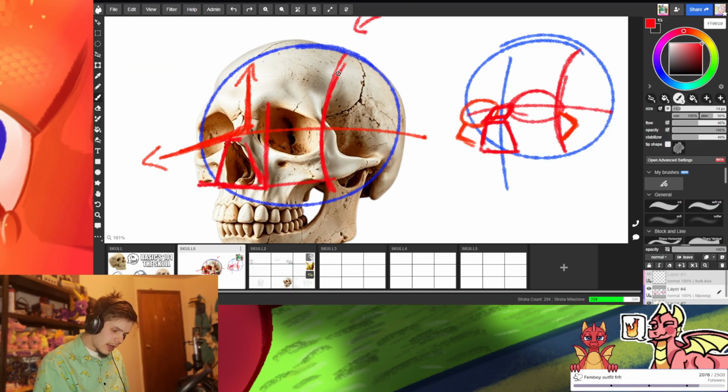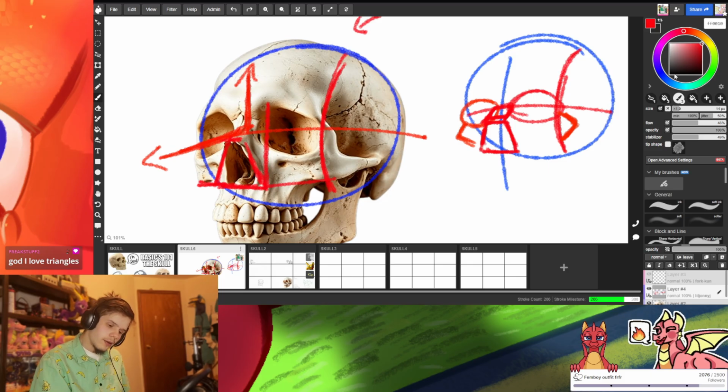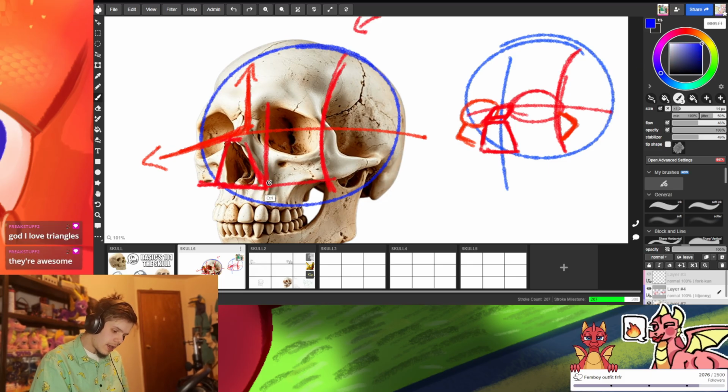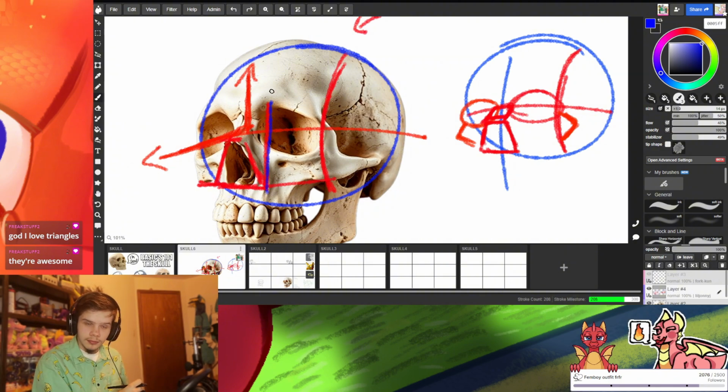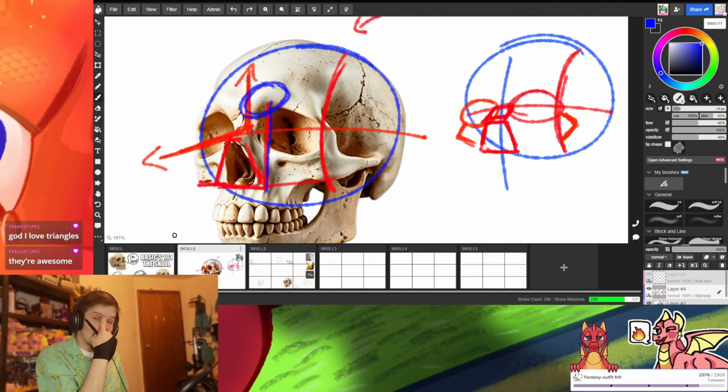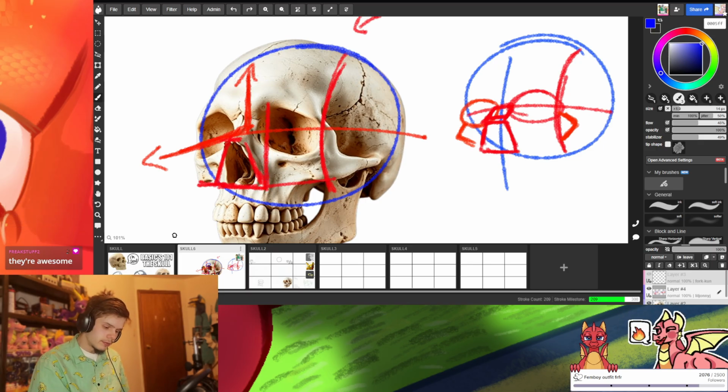Oh, would you look at that? If you take the side of the triangle that you've just drawn right here, and you draw all the way up right there. You guys notice what's up here? That's the start of your eyebrow ridge. Okay, well then let's take a look here.